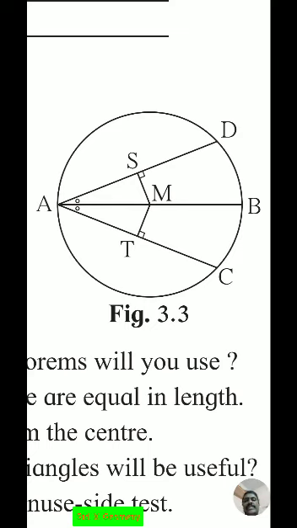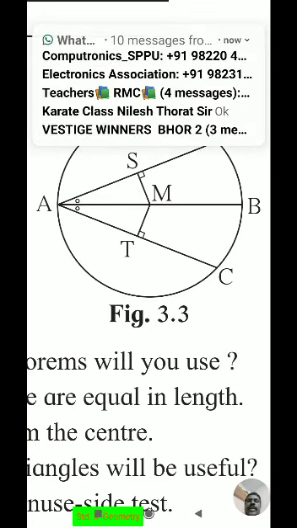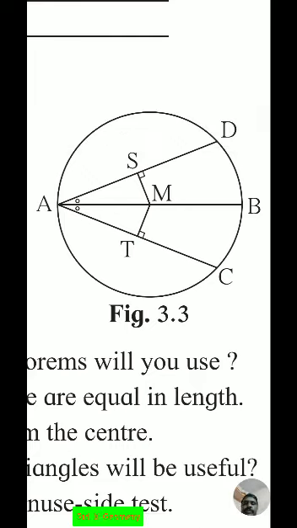And the third one is SA or AS congruent to AT. The perpendicular drawn from the center of the circle bisects the chords.